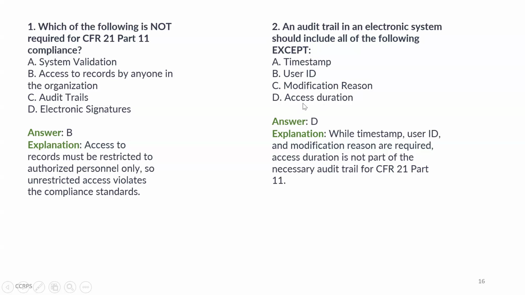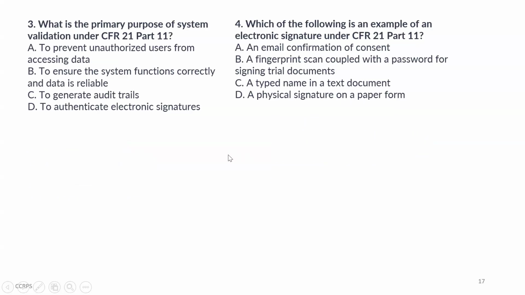D, access duration. The duration of the access is not required by the audit trail. So D is the answer. While timestamp, user ID, and modification reason are required, access duration is not part of the necessary audit trail for CFR 21 Part 11.